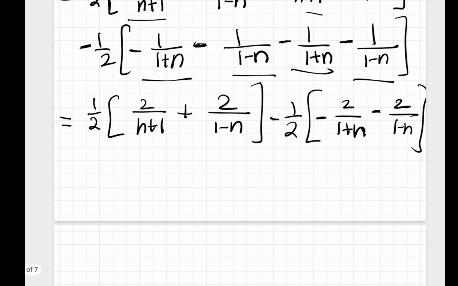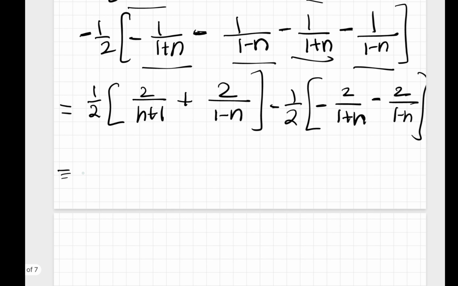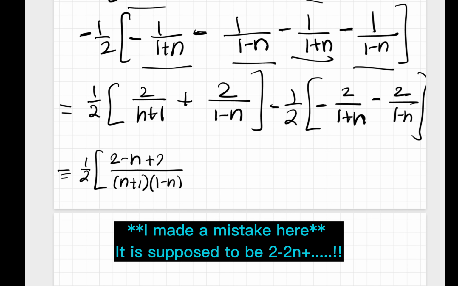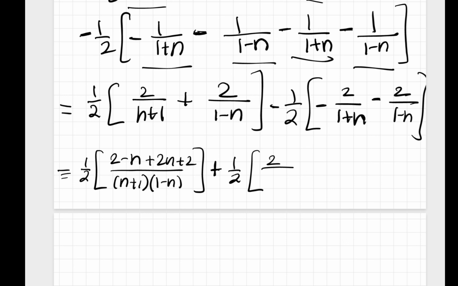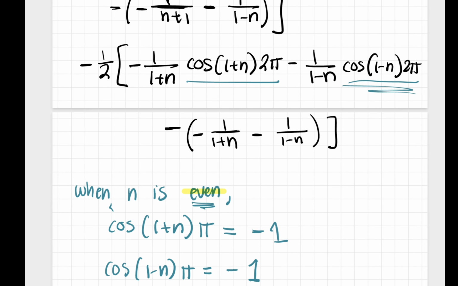Further simplifying this, we get 1/2 n plus 1, 1 minus n. We get 2 minus n plus 2n plus 2, minus 1/2. Let's take the minus out, in fact, so we get this. And then we are left with 1 plus n plus 2 over 1 minus n.